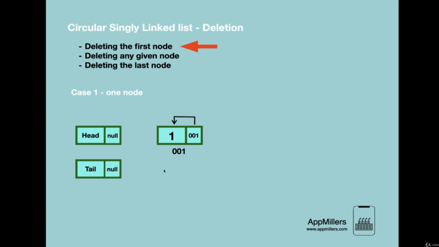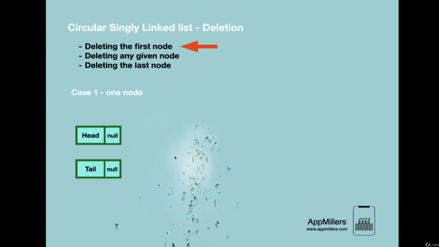Finally, we update the next reference of this node, which deletes the link with itself. After doing this, the node is eligible for garbage collection. The garbage collector will come and destroy this node. With this, the first node from the circular single linked list gets deleted when we have one node in our circular linked list.